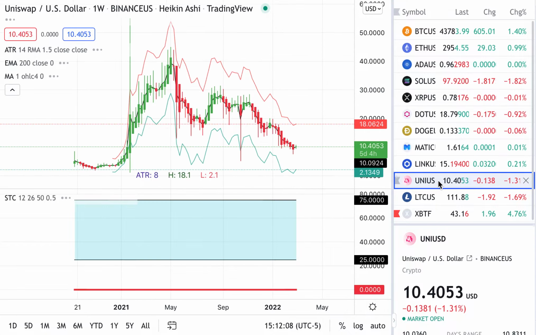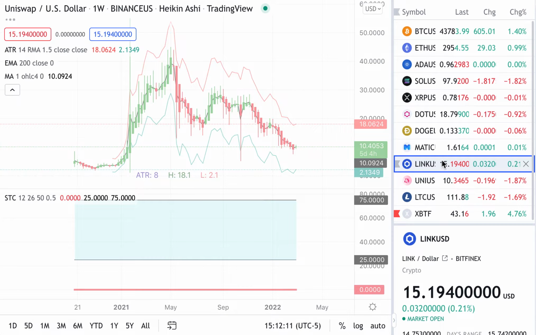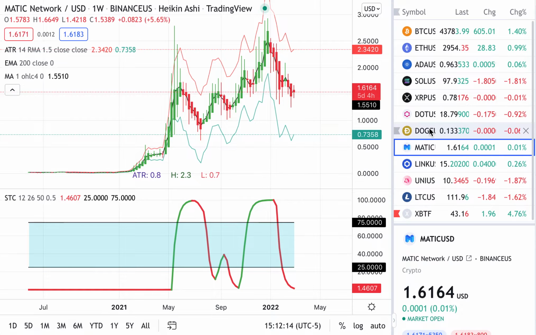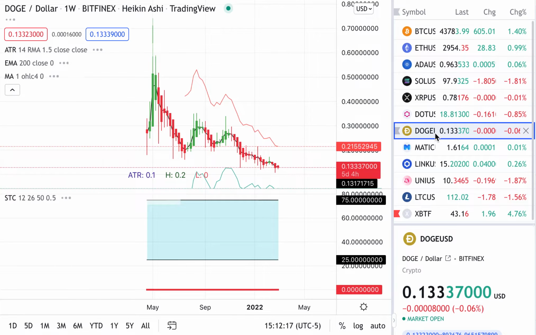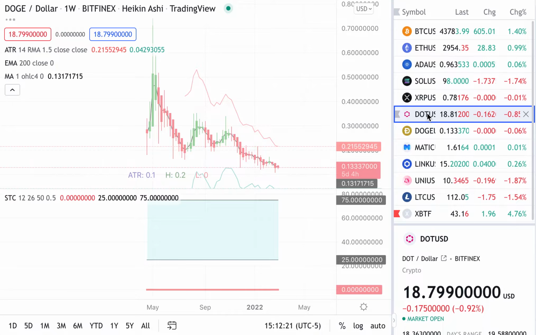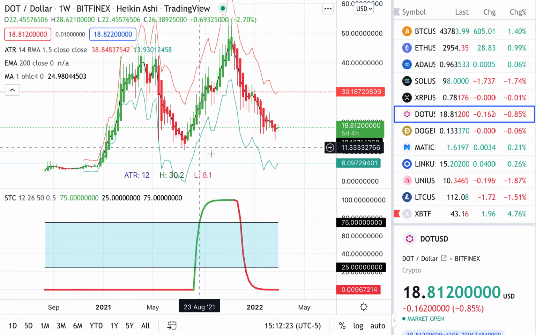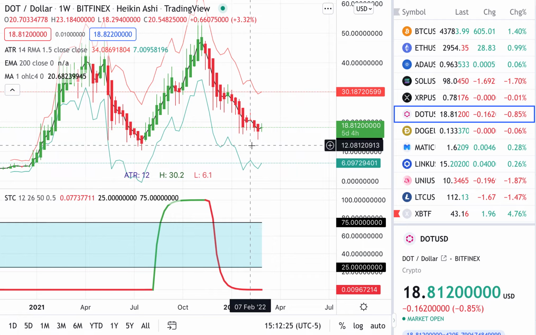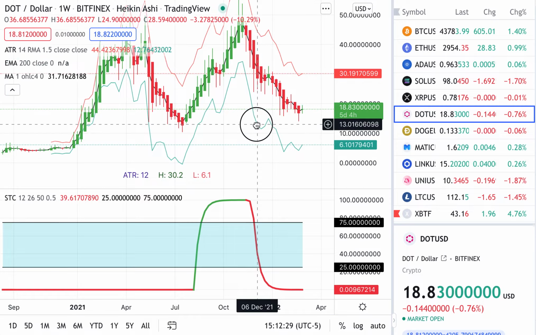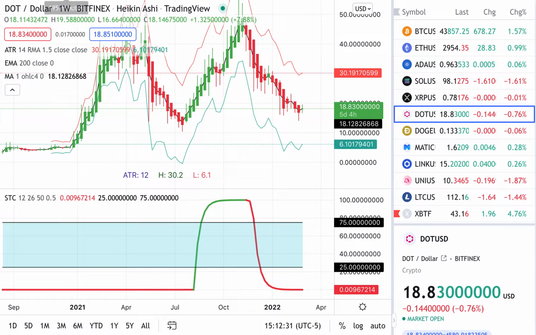Start paying attention to Uniswap. Start paying attention to Link. Start paying attention to Matic, Dogecoin, which again, I don't think so. Polkadot, which again, from what you hear, has some promise. Now, again, you can look at where things are. This is on the weekly chart.